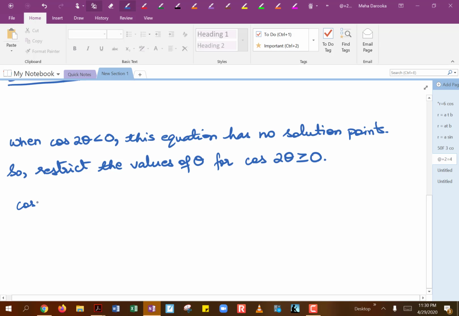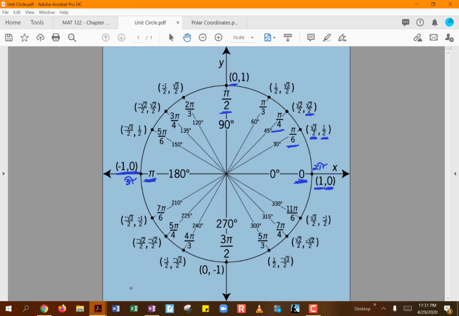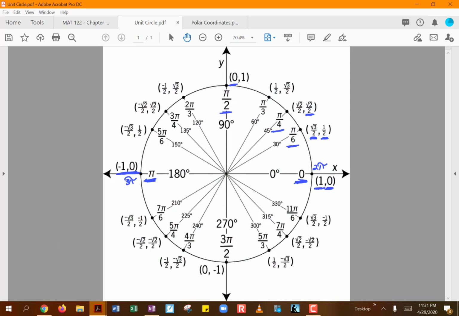Okay, so think about this. Cosine of theta, and maybe we'll write it like this. Think about where is cosine of theta going to be 0 or a positive number. So if you go to your unit circle, you will see our cosine values are positive in the first quadrant and cosine is positive in the fourth quadrant, right?